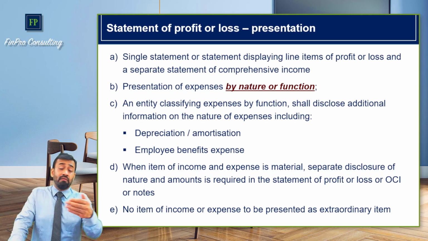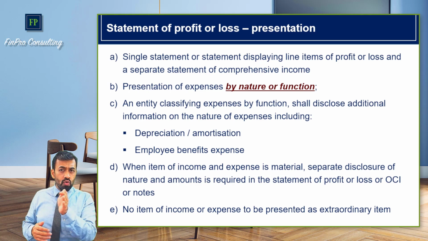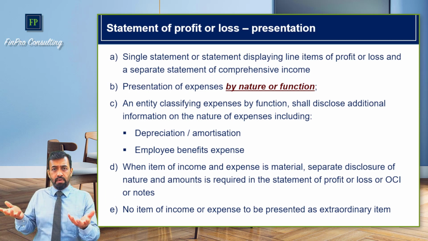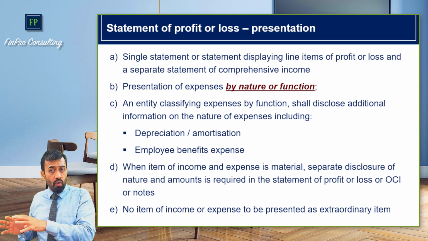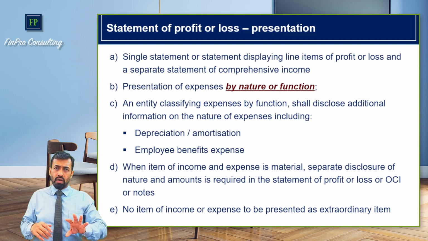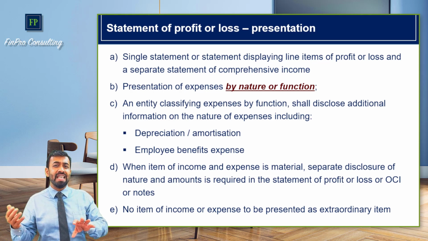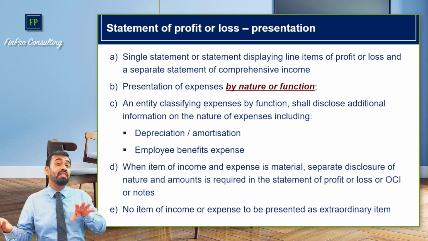Items like write down of inventory are another example. Write down of inventory from cost to recoverable value. Inventory's subsequent measurement principle is cost or net realizable value, whichever is lower. Generally cost is lower. I will recover that inventory by way of selling it, so I will obviously sell it at a higher amount than its cost.